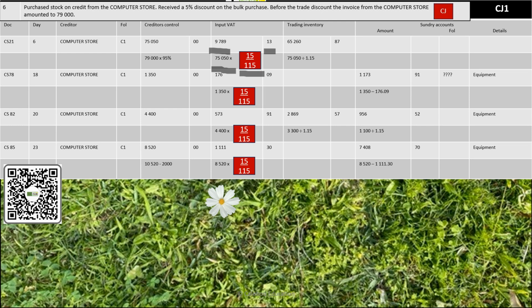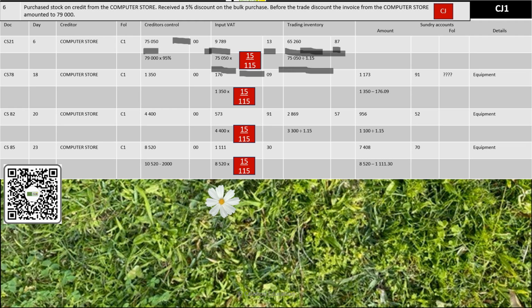And to get the VAT exclusive amount, the historical cost price of the trading inventory from this transaction, we can say 75,050 minus the input VAT we just calculated gives you the amount of 65,260 and 87 cents, which is the VAT exclusive amount of the stock that we purchased.